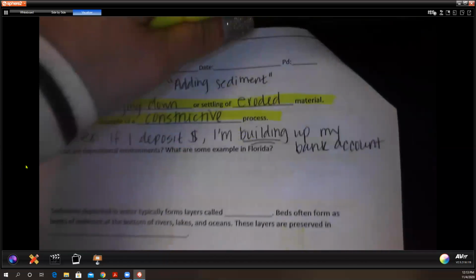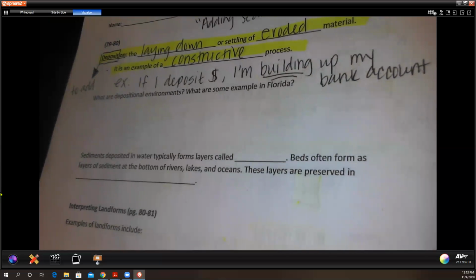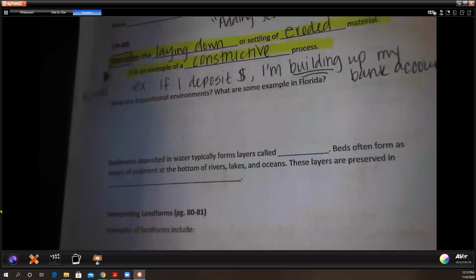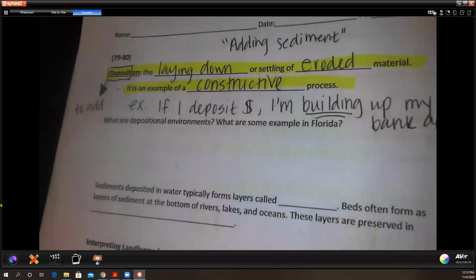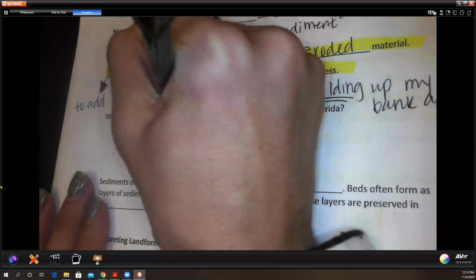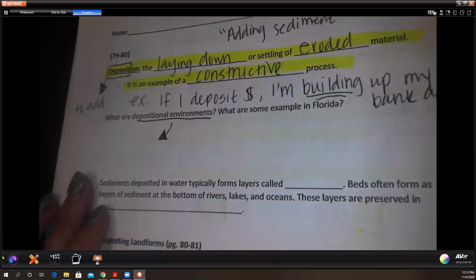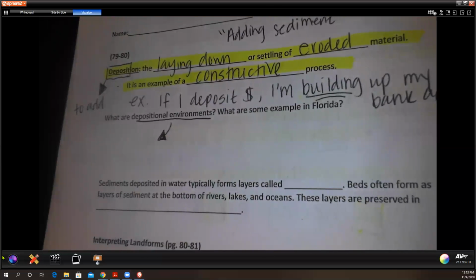So if you remember, I talked about depositional environments. I think Landry read that part, right? Depositional environments. So what is a depositional environment? An environment where, Maddox? A depositional environment is an environment where?